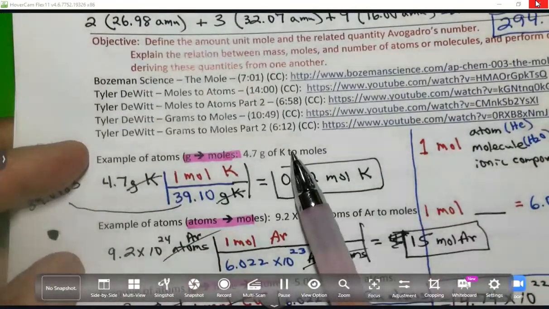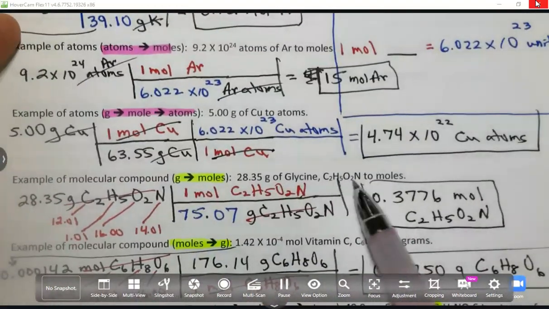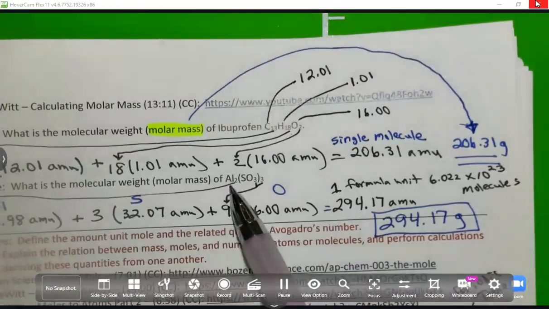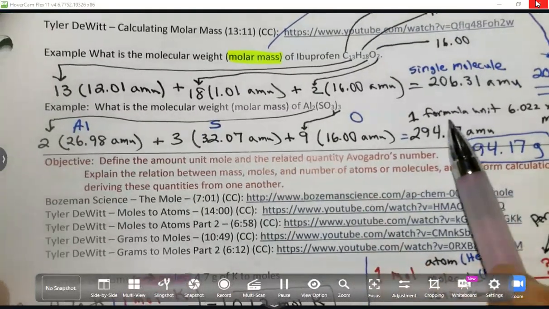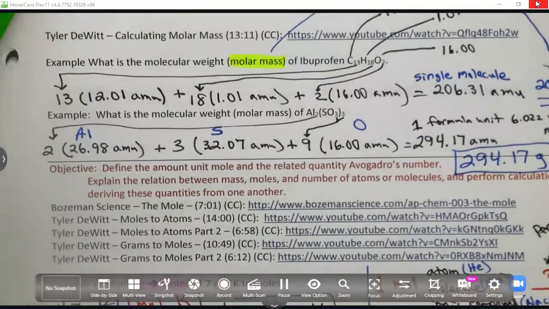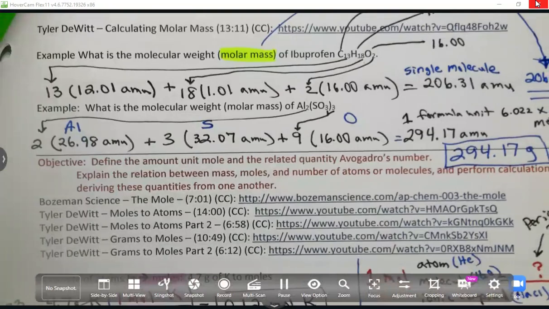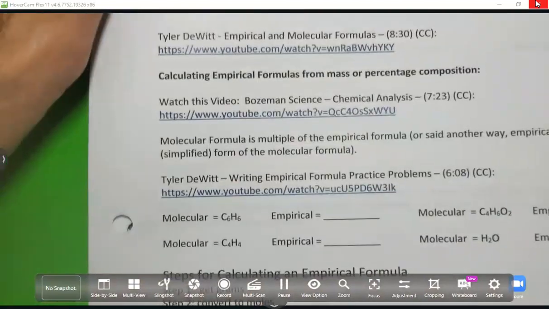If you just have atoms, you use the term atoms. If you have a bunch of non-metals together, you're going to hear the term molecules. If it starts with a metal ion, you're going to probably hear the term formula units, but it's all the same. Okay, so we went moles to atoms, molecules, or formula units, or we went moles to grams. Those are two conversions that we work with.